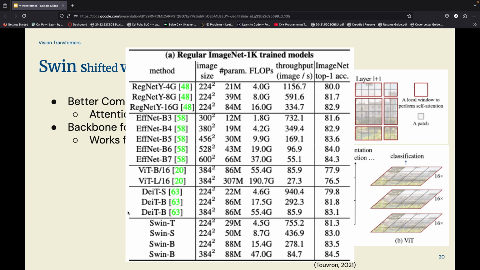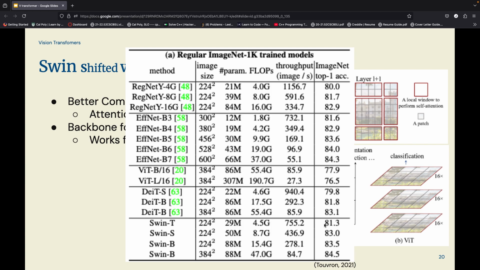Here are the results from this paper, and Swin transformer is below, and as you can see, the DEIT is referenced. Let's pay attention to the throughput and the accuracy of the Swin transformer.